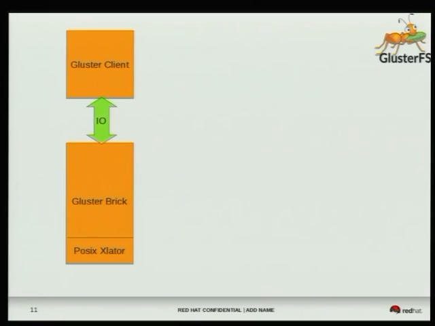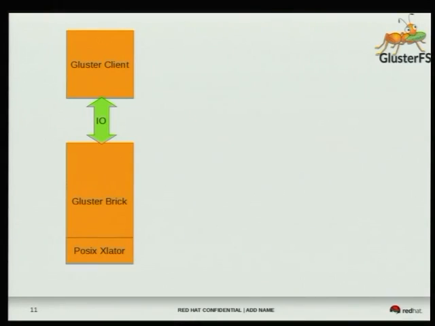This is a vanilla Gluster stack. So you have a Gluster client. The good thing about Gluster is it is all stacked up. So if you want to add a new feature in the file system, write a library, put it in. So that's a client stack. This is a server stack, and this is the last component here which actually writes to the actual storage.